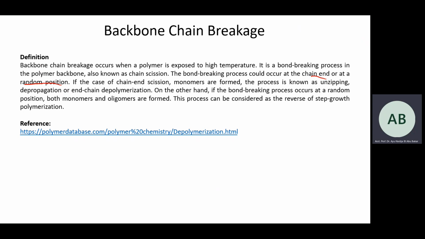As long as it is on the backbone. Backbone is the main straight chain. Okay. So then monomers are formed. It will form into smaller chains, smaller particles, so that the microbes can degrade and consume them for their nutrients.